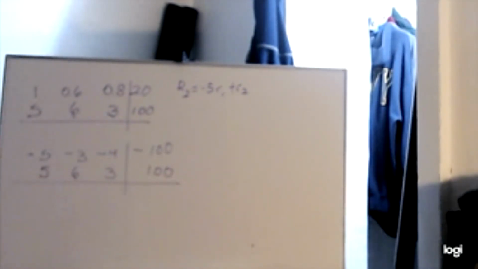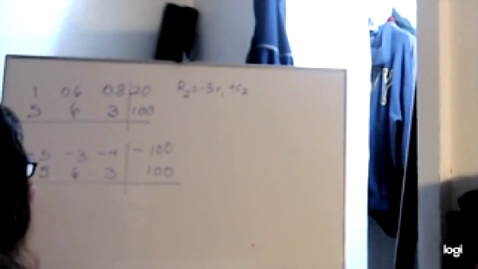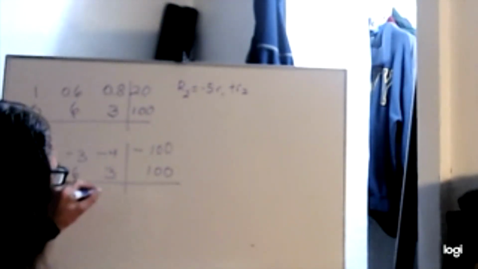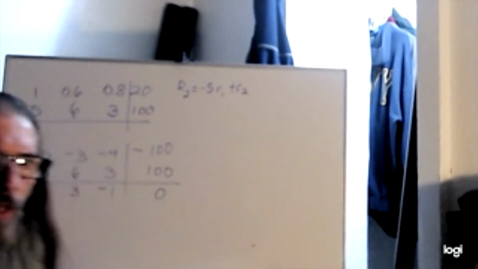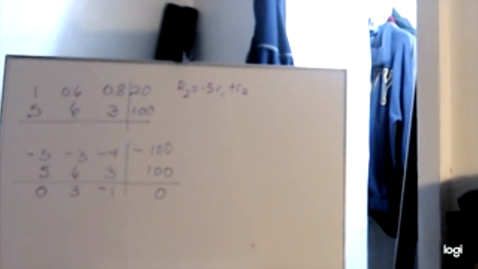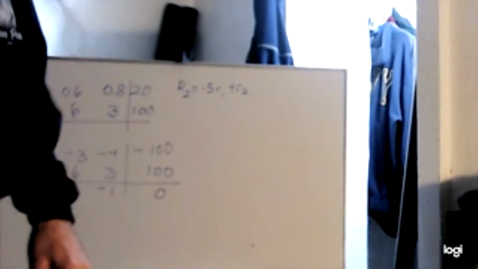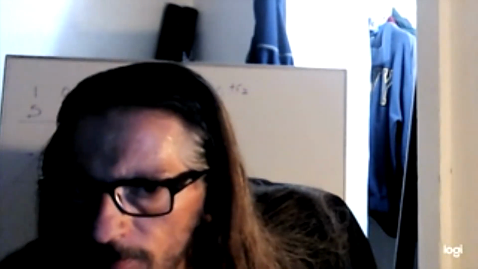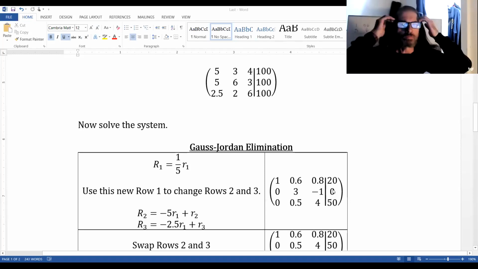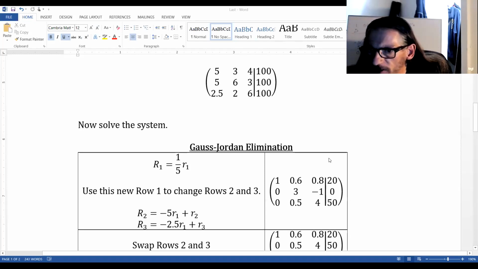And that's going to give me the new row 2, 0, 3, -1, and 0. Let's see if that's what I had typed up previously. 0, 3, -1, and 0. And indeed it is.